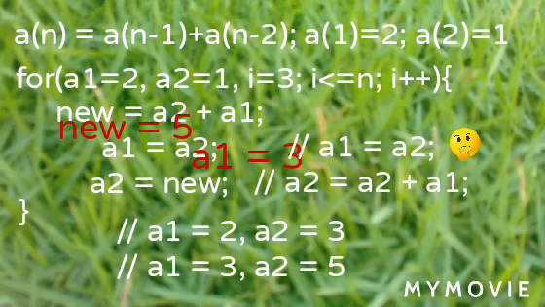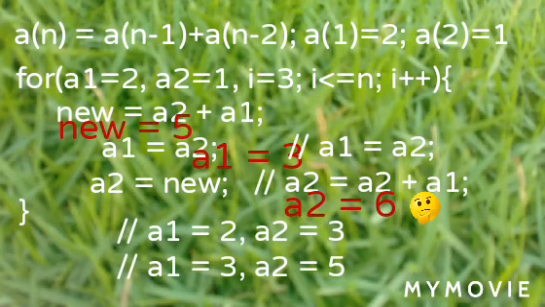And then in another example, a sub 2 is equal to a sub 2 plus a sub 1. Because the value of a sub 1 is already 3 and not 2, the sum of these two is 6 and not 5.